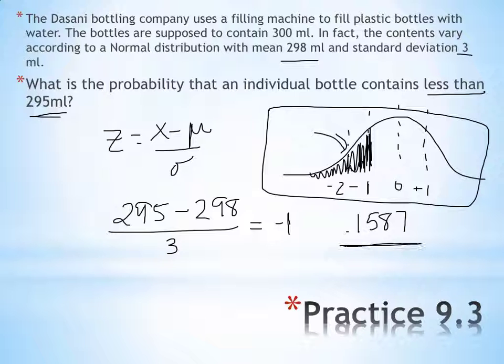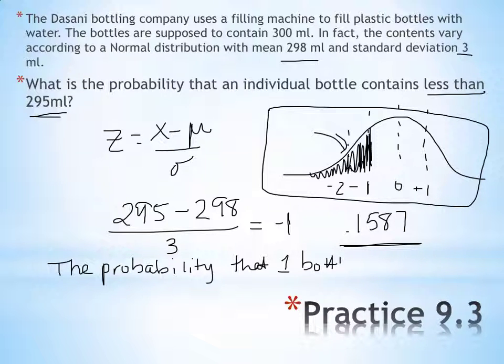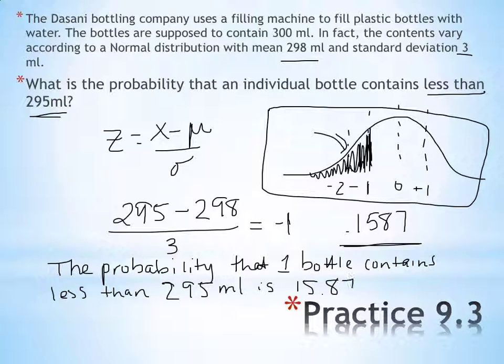So what does this mean? This means that the probability that one bottle, they said an individual bottle, so one bottle, contains less than 295 milliliters is 15.87%.